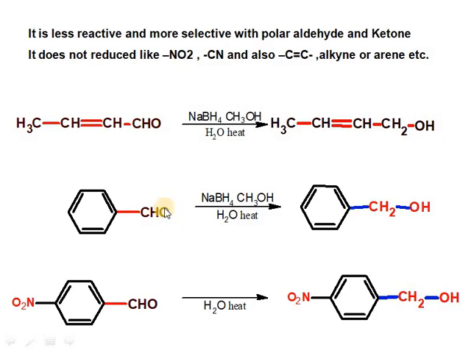Similarly, this benzaldehyde is treated with sodium borohydride in methanol. It reduces the aldehyde to the corresponding alcohol, CH2OH. Similarly, the nitro group is not reduced by sodium borohydride.